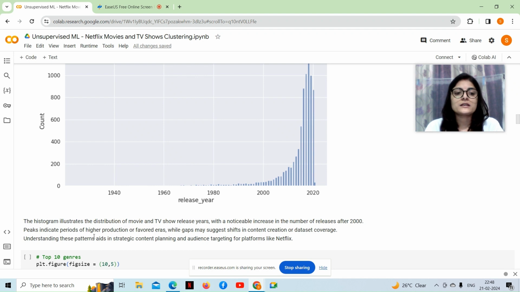And these peaks indicate periods of higher production or favored eras, while gaps suggest shifts in content creation or data set coverage. By understanding these patterns, strategic content planning and audience targeting are possible for platforms like Netflix.